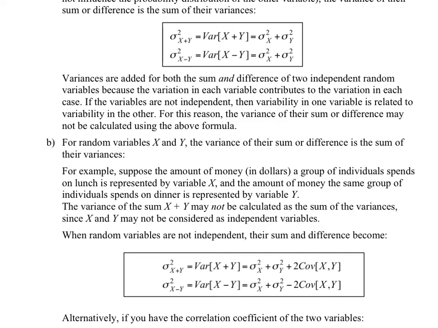If the variables are not independent, so there's a correlation between the variables, then there's a third term. If you're adding the variables together, then we're adding 2 times the covariance. If you're subtracting the variables, you're subtracting 2 times the covariance.